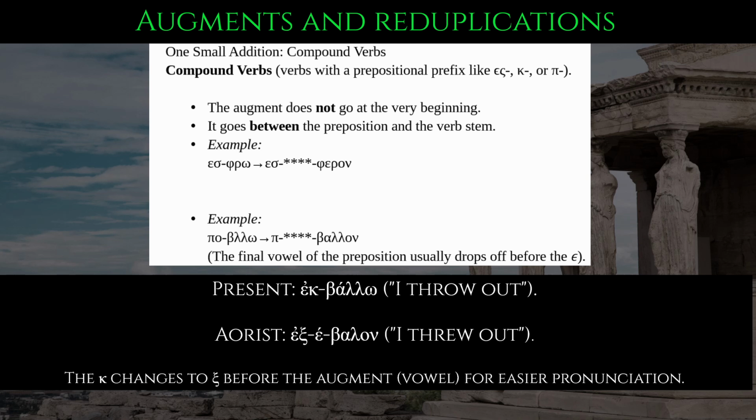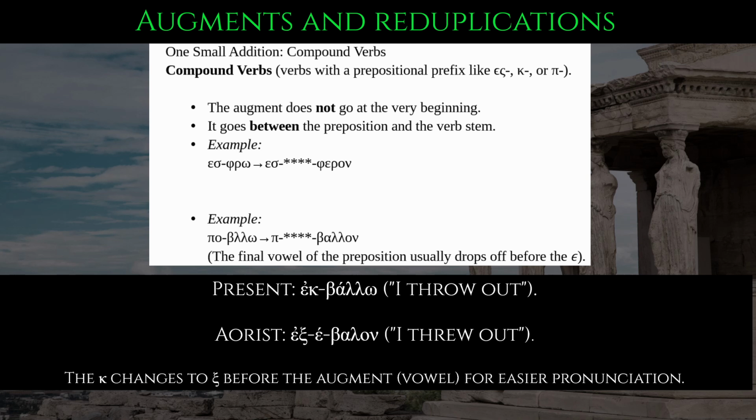Next, a small addition to the compound verbs. You see, compound verbs with a prepositional prefix, like for example es, ek, or apo. Here, the augment does not go at the very beginning. Instead, it goes between the preposition and the verb stem. For example, in the present, ekballo.